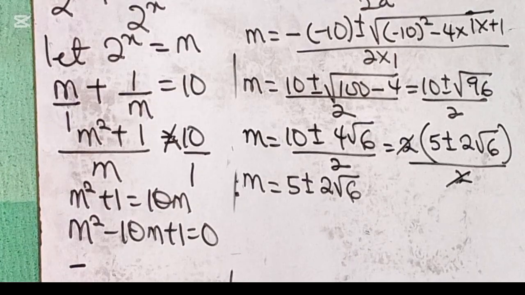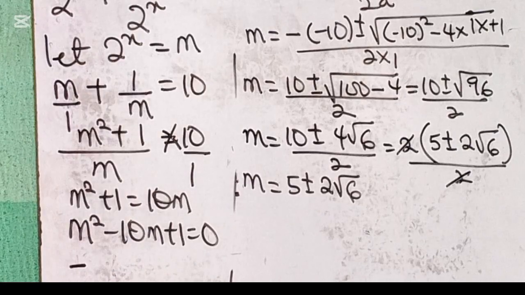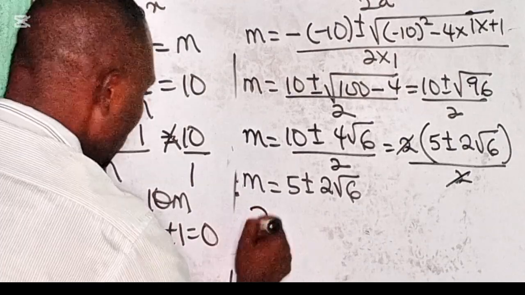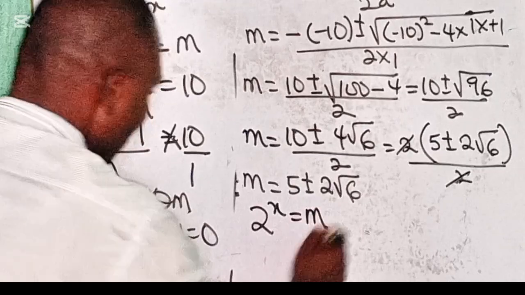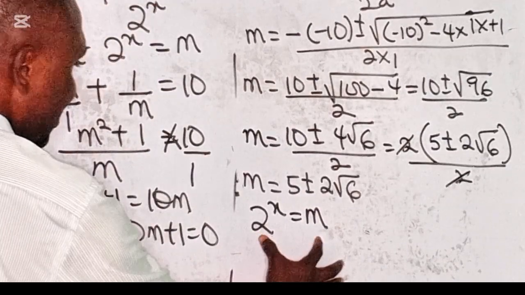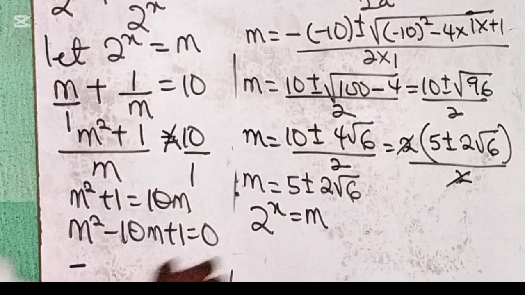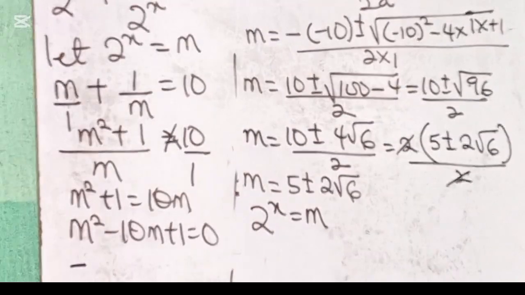But you're asked to find x and not m. And remember we said let 2 to the power x be m. So at this point, it's going to be 2 to the power x is equal to m. Now I'm going to change this from indices down to logarithm form. So in indices form, change it to logarithm form.